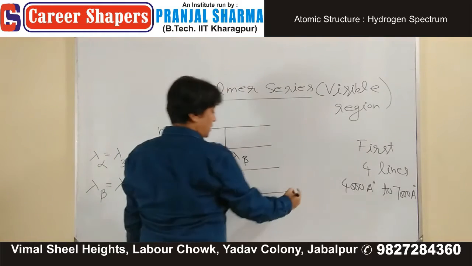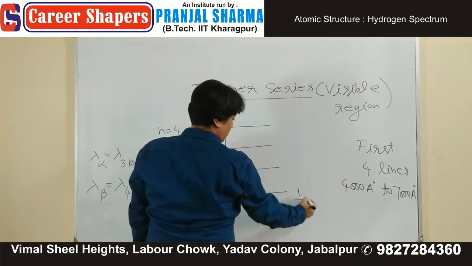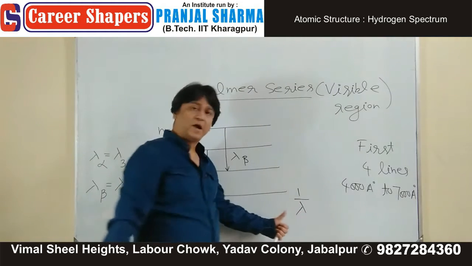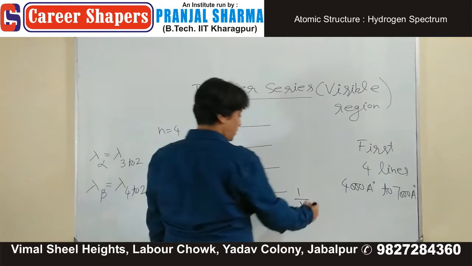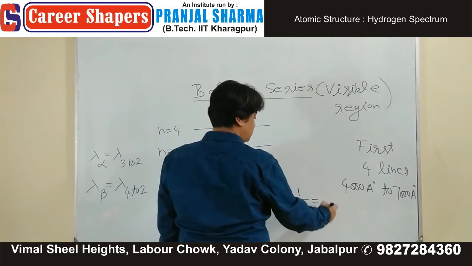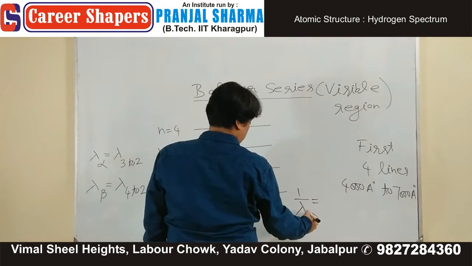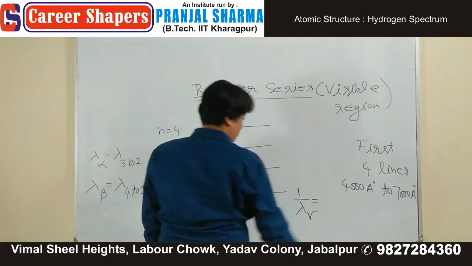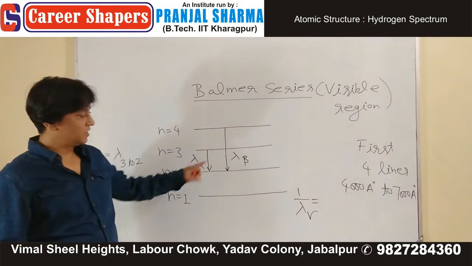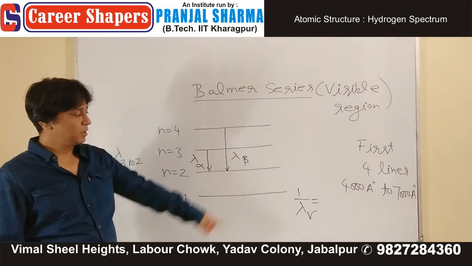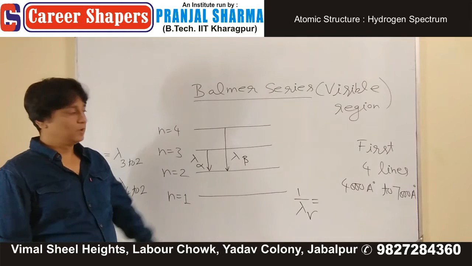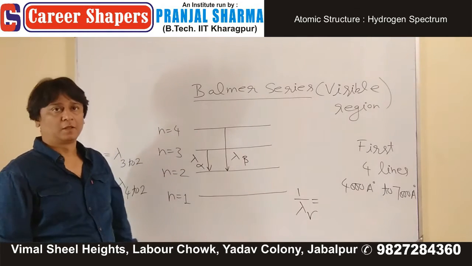And to find lambda, the only thing you need to do is what? Or tell me, this is alpha, this is beta. I'm asking you the value of lambda gamma.